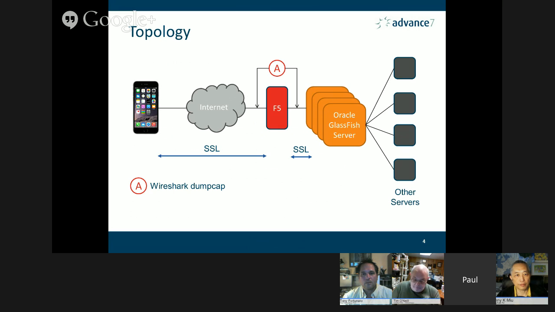Now, because, as I'm sure you can appreciate, of the sensitivity of this, the traffic is encrypted using SSL, but to give us some visibility into that traffic, we also used logs from the Glassfish server. So that enabled us to get some idea. We couldn't see any confidential information, but what we could see was method calls that were made using the HTTP protocol. So that gave us a bit of an insight.